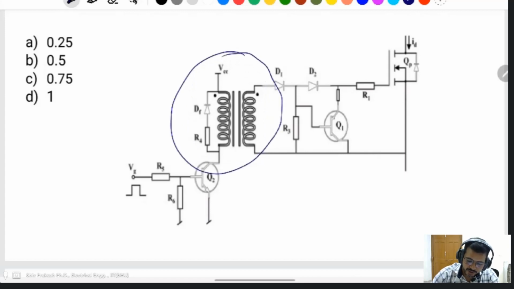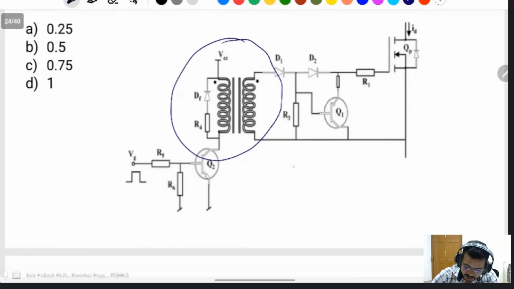If you charge at the maximum point of 0.5 duty cycle, the charging flux is the voltage VCC into time.